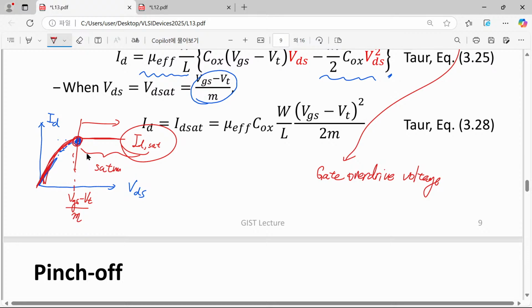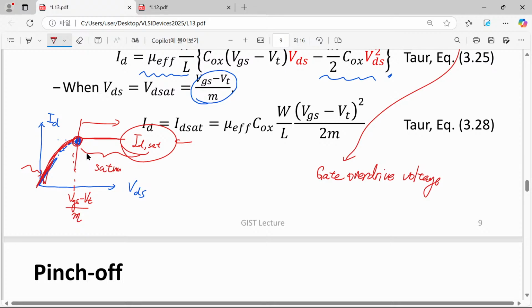Of course, if we are talking about an analog circuit, then this part is quite important, for example in an amplifier. But in many cases we are talking about digital systems, and in the case of a digital system, almost always we are interested in this saturation current. So increasing this saturation current is quite important.